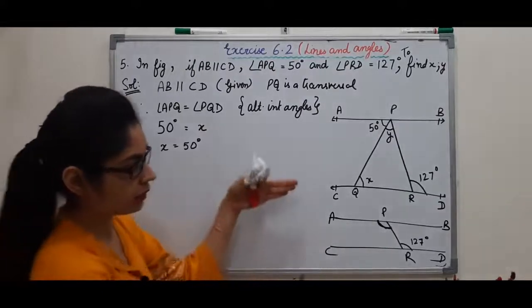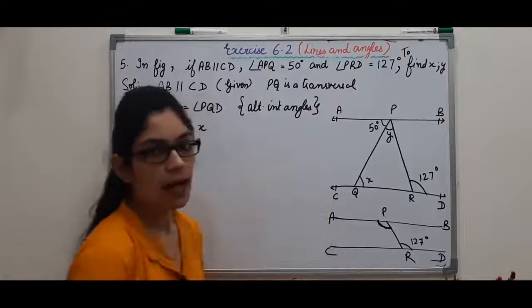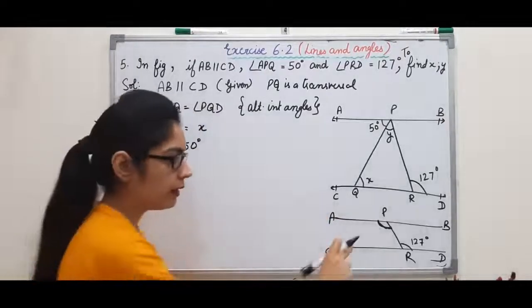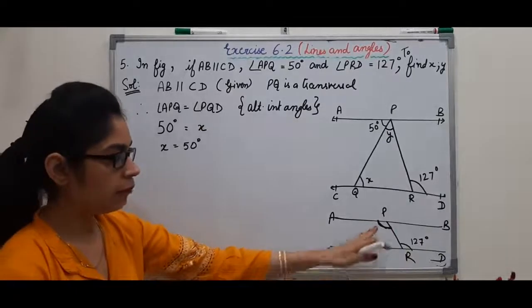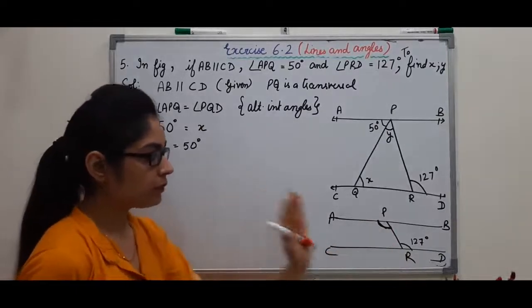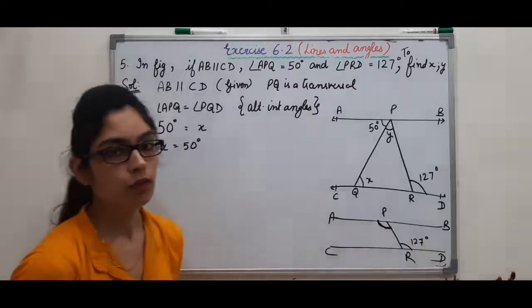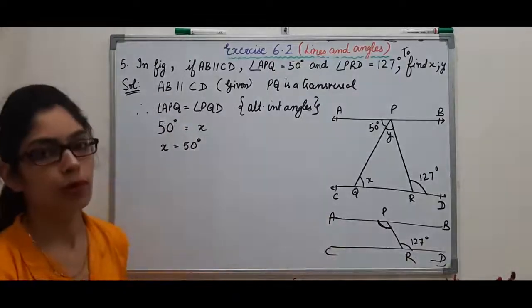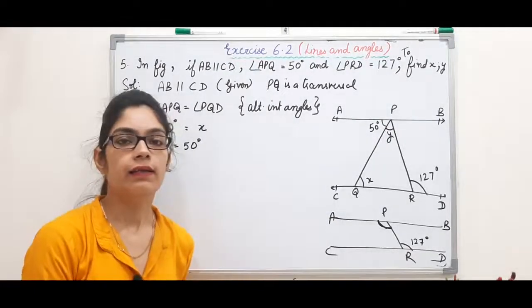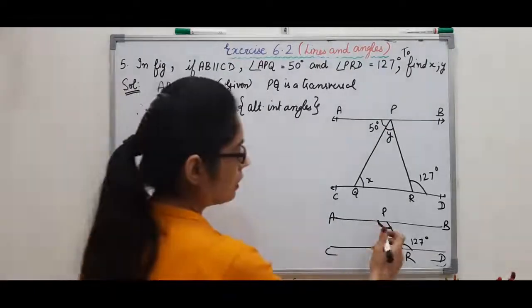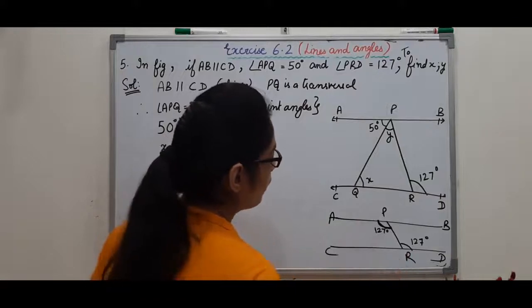Just observe this figure, both of these angles are on the inner side of the parallel lines and on opposite sides of transversal PR. One is on the left side of PR and the other angle is on the right side of PR. So these two angles are forming a pair of alternate interior angles, and alternate interior angles are equal to each other, which means this angle is also equal to 127 degrees.